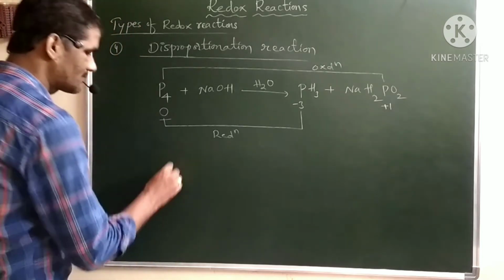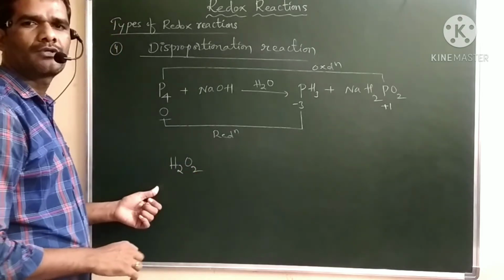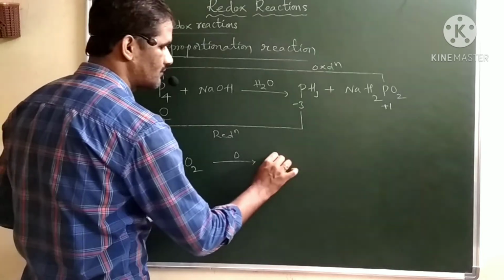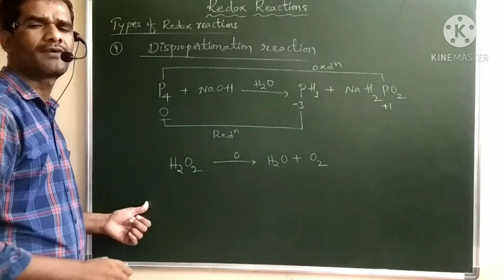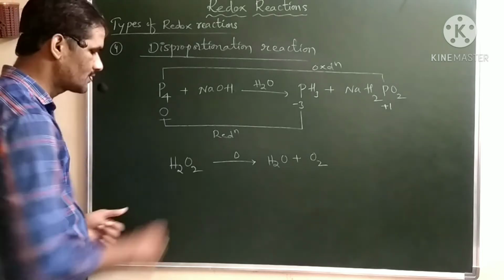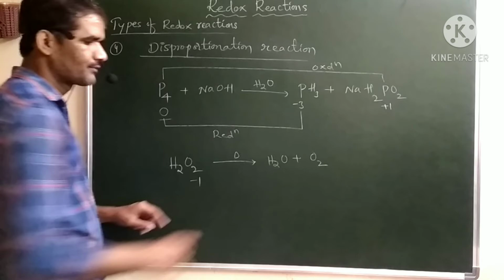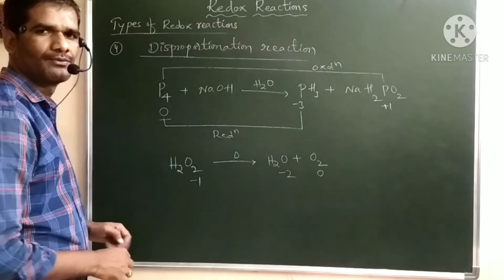Let us take some other. Hydrogen peroxide, when it undergoes decomposition, will form H2O plus O2. This is also an example of a disproportionation reaction. Here oxygen oxidation state is -1 in the peroxide, in the water it is -2, and in the free element state it is 0.